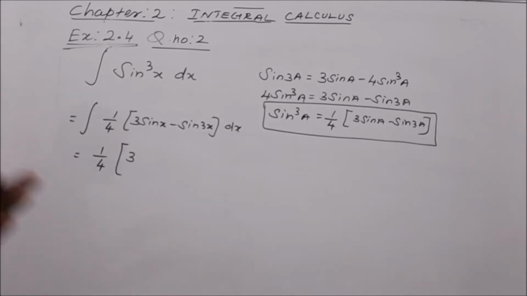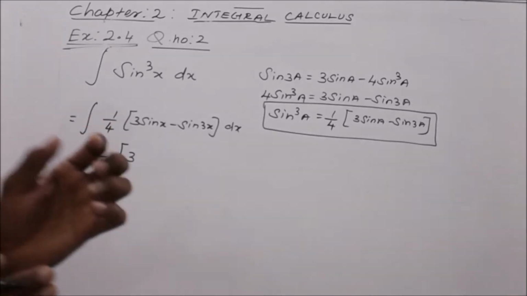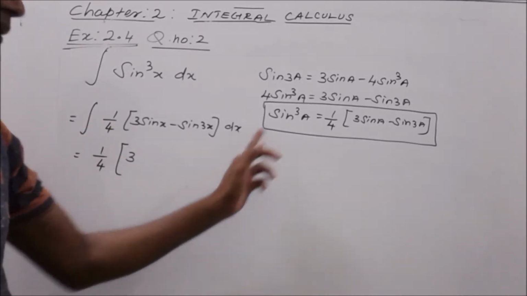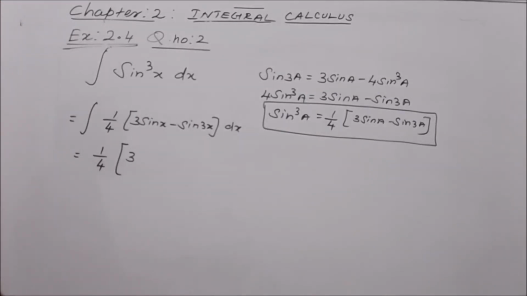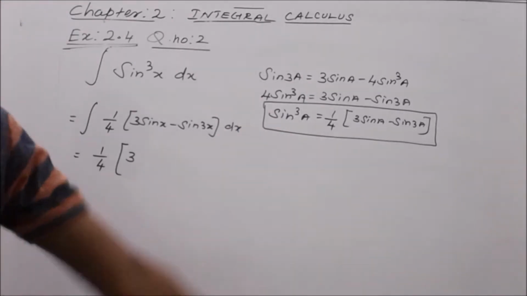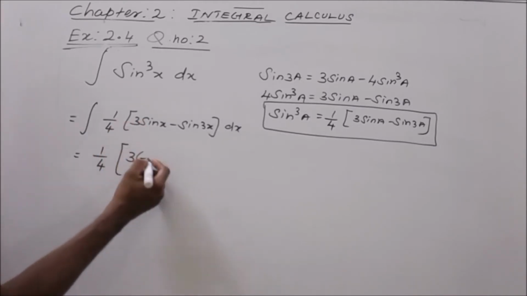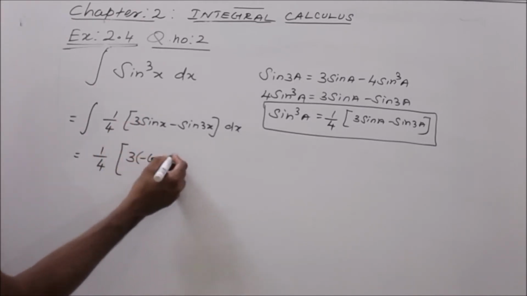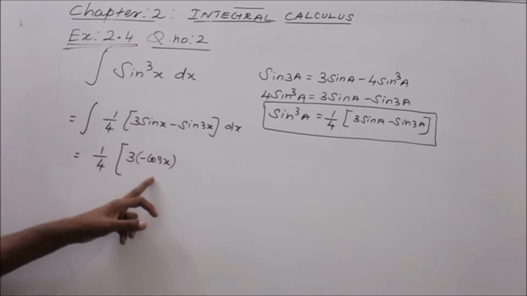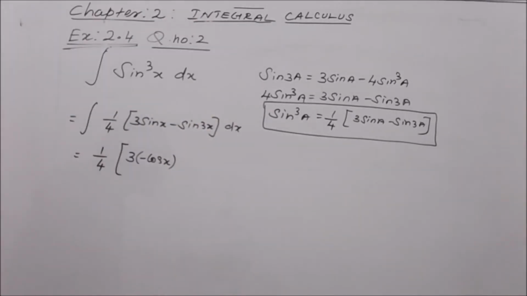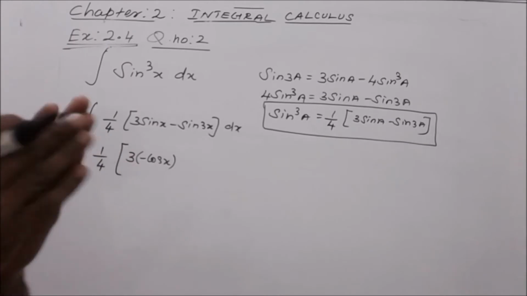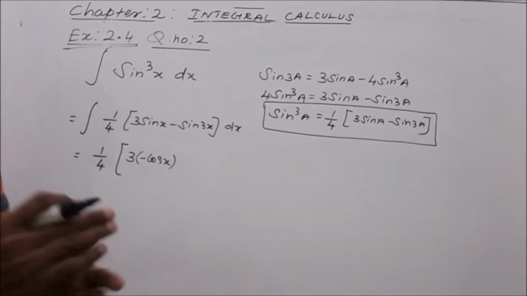In derivative and integral we have a slight change. The derivative of sin x is cos x, but the integral of sin x is minus cos x. Write both the formulas side by side and feel the difference between them.